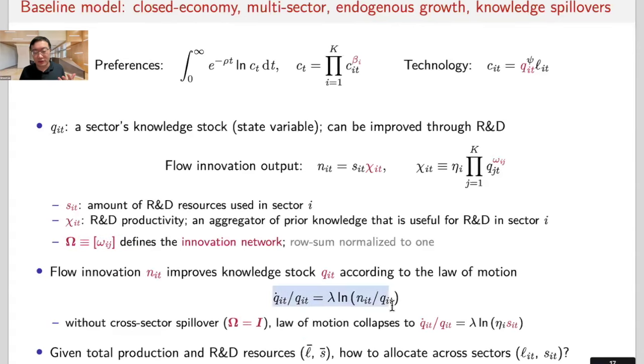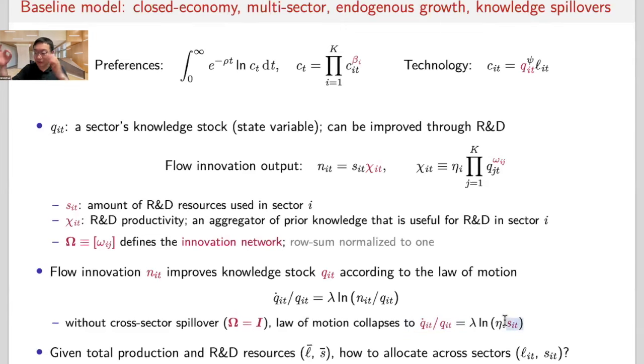So this is a law of motion that governs how flow converts into stock. In simpler terms, in the absence of cross-sector spillovers, this law of motion collapses down to something very simple. That is, the growth rate of knowledge in a sector is log linear in the amount of resources we spend in that sector.